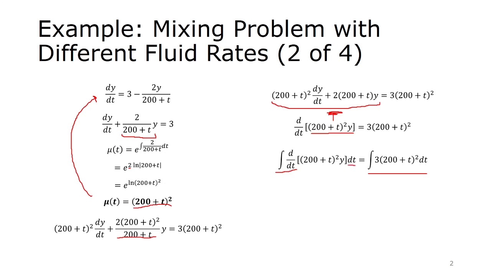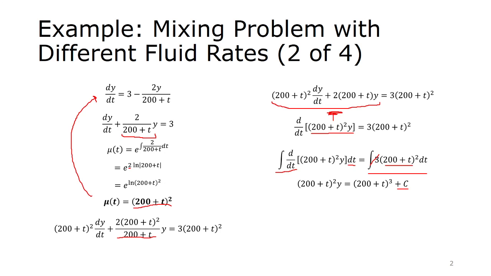So all that's left is the inner part, 200 plus t squared times y. On the right, remember, we're using a u substitution here, but du is 1, so there's not a whole lot to worry about there. With the power rule, that goes to 200 plus t to the third power, and the division by 3 cancels with that coefficient of 3. Don't forget, we do need to add a constant c at this point on one of the two sides.